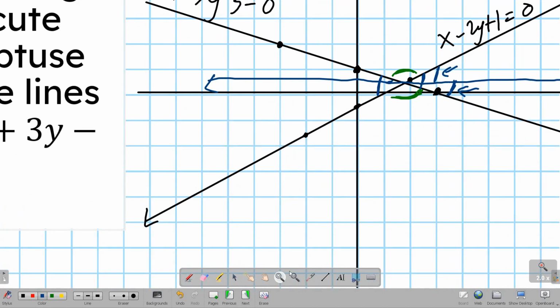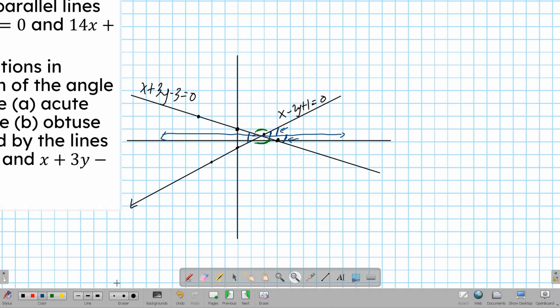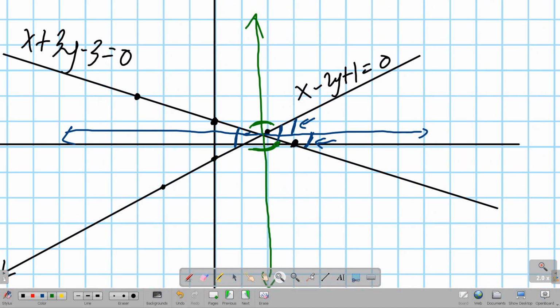As you can see here, these two angles would have the same measure because this is an angle bisector. So this one is also equal to this one. Similarly, let me go back. If I'm going to draw a line which is considered to be the angle bisector, there you go. If we draw this line as the angle bisector, then this would be equal to this part.